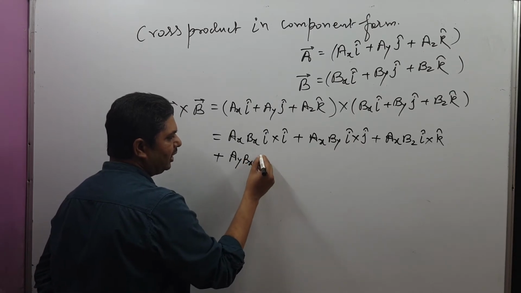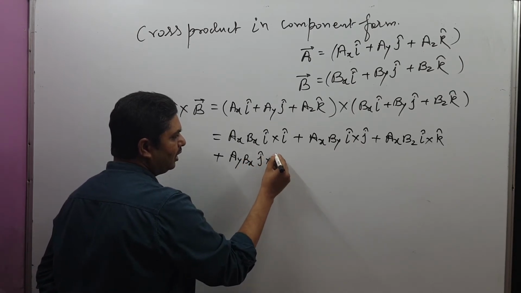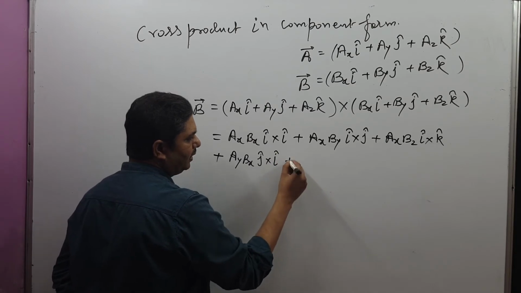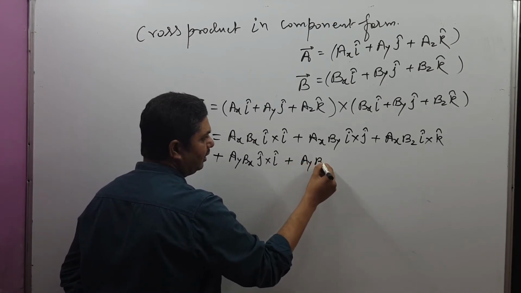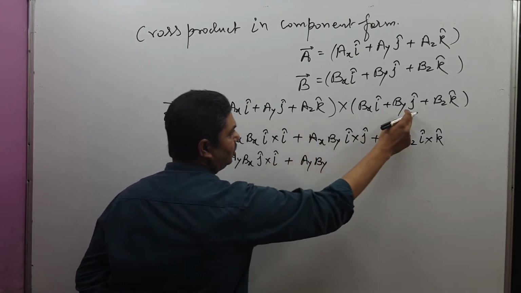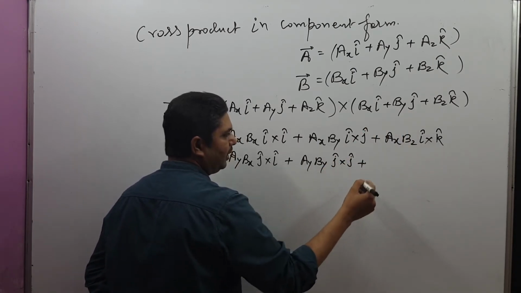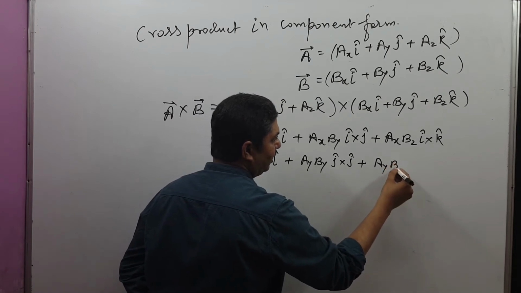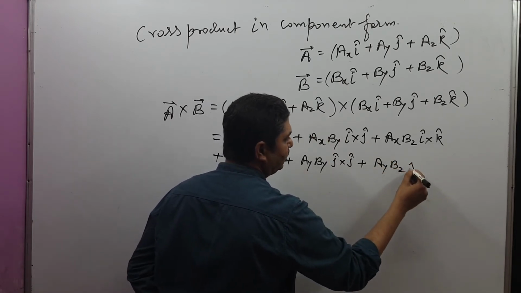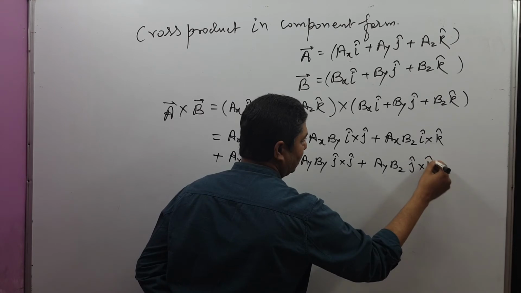Now write here j cap cross i cap plus AY BY j cap cross j cap plus AY BZ j cap cross k cap.